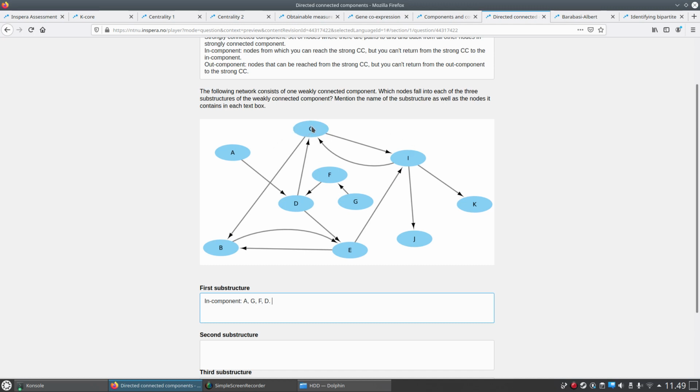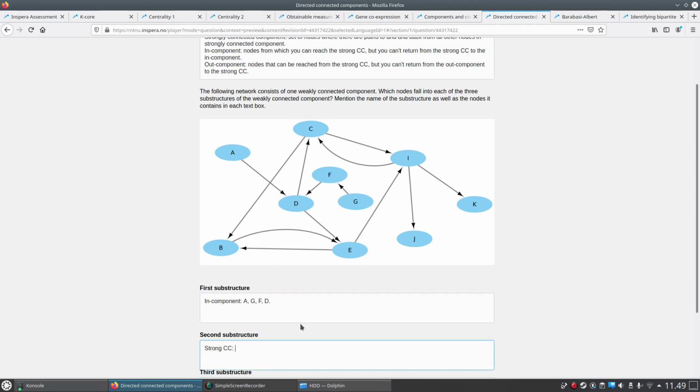If you want to go from B to C, sure, you don't have a direct B to C connection, but you can go B, E, E, I, and I, C. Similarly, if you want to go from I to B, you can do that by I, C, B. We have here essentially a 4-cycle, I, C, B, E, and back to I, which means that these four at least form a strongly connected component. So we can start with there.